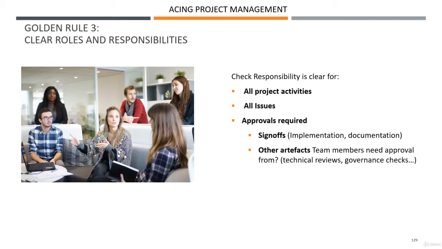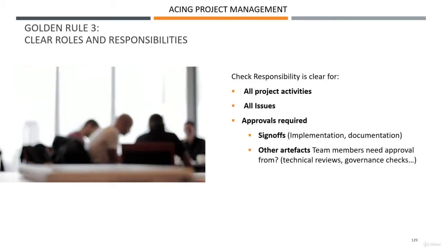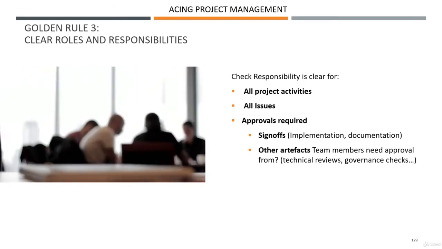Governance checks as well are important, making sure that when something happens it doesn't need to be double checked, triple checked by other entities, because they are actually stakeholders. If your document is being reviewed by a couple of other persons, these persons become part of the project in my book, because they have the quote-unquote power to slow down the project.